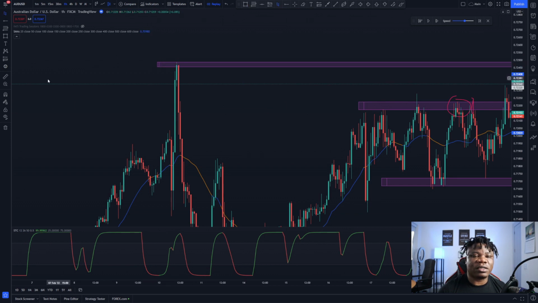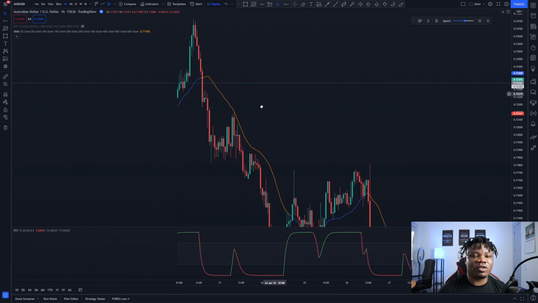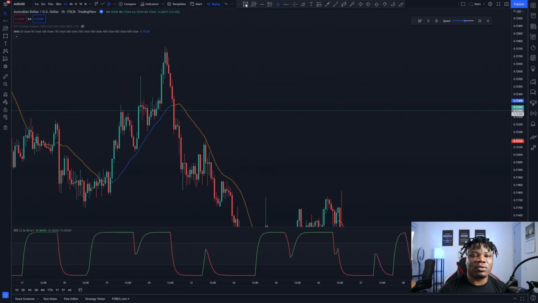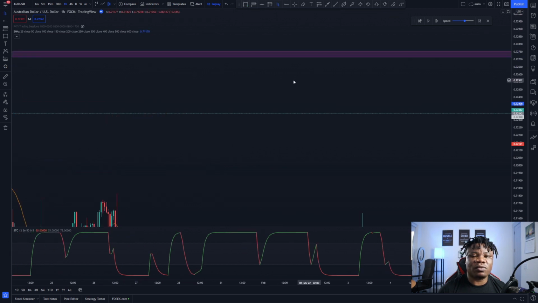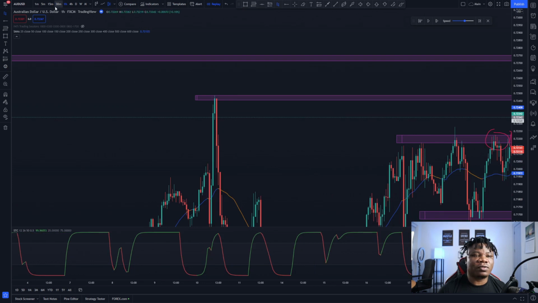We can target this zone here. If we need more take profit, we can also target this zone right here. So now we have those two zones right over there.